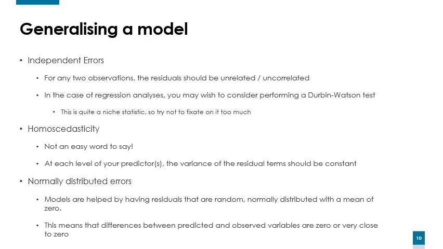Normally distributed errors: models are strengthened when your residuals are random, when they are normally distributed, and when they have a mean close to zero. So that essentially means, again, without getting too much into the mathematics of it, that when you fit your model to the data, there are approximately equal numbers of cases where your model underestimates the score within the raw data, and approximately equal numbers of cases where the model overestimates the score.